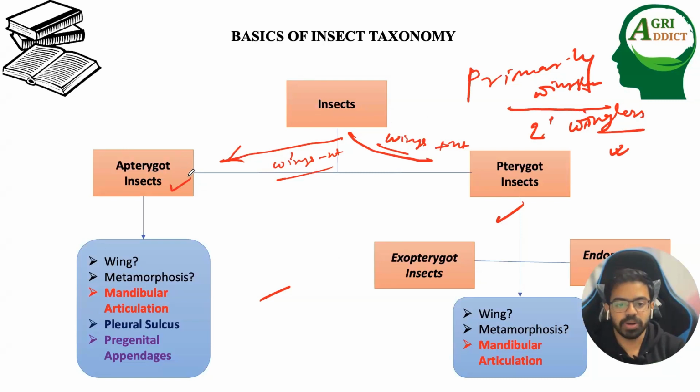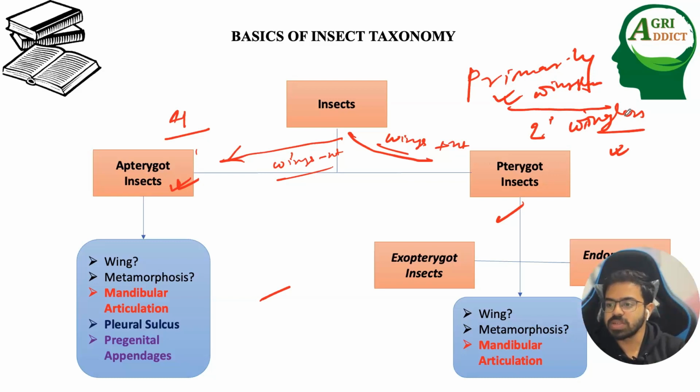Your true apterygote insects are nothing but the primarily wingless insects. You know the four orders, right? All read four orders: Thysanura, Collembola, Protura and Diplura. They are all primarily wingless insects, because their wing bud has never been developed.